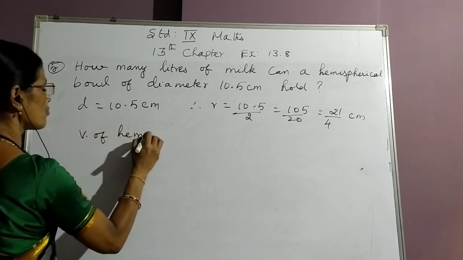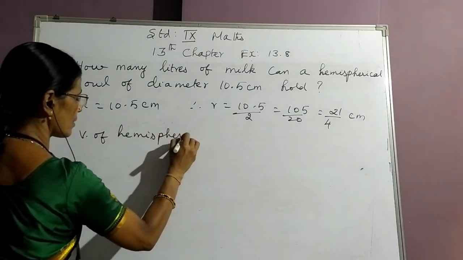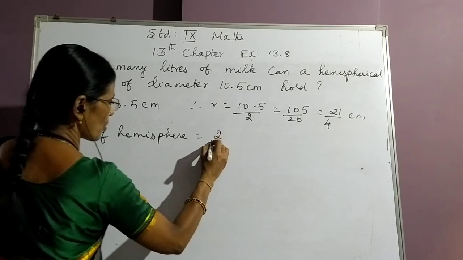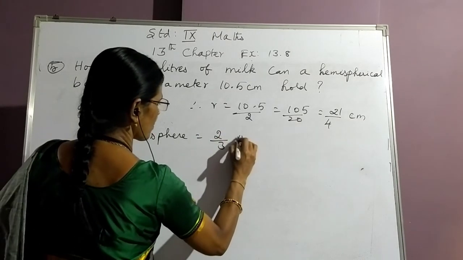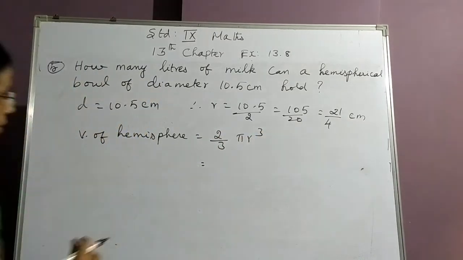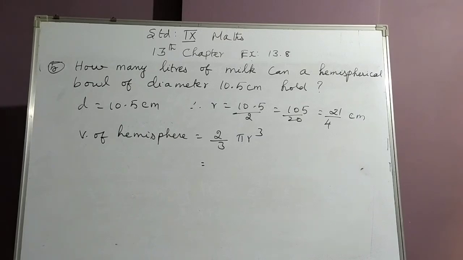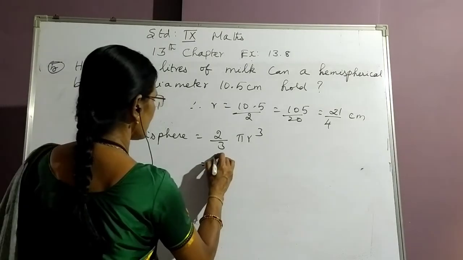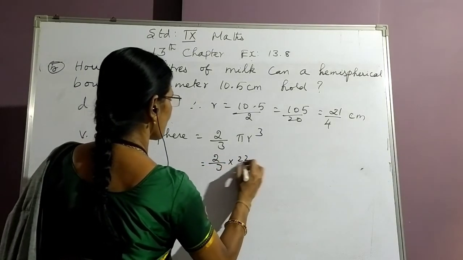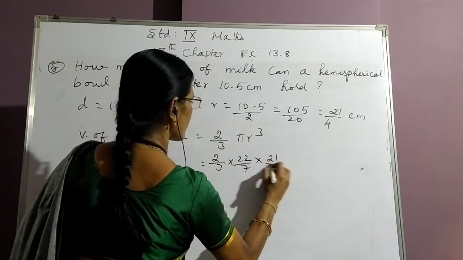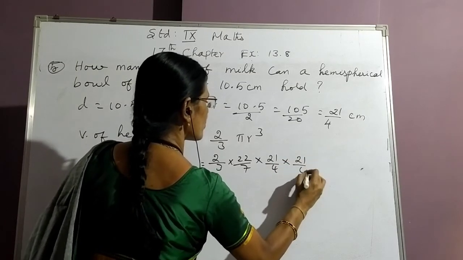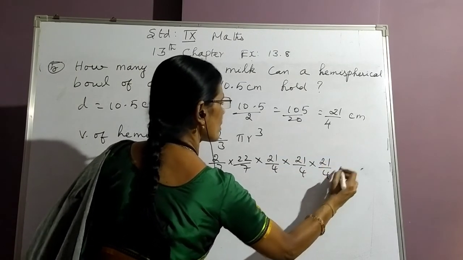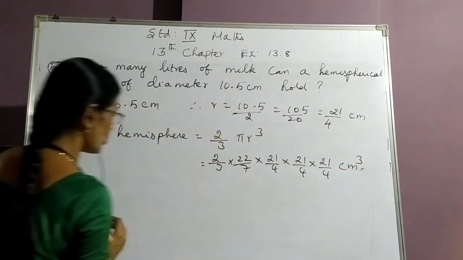Volume of hemisphere formula is 2/3 pi r cube. It is 2/3. Pi value is 22/7. R is 21/4 into 21/4 into 21/4 centimeter cube.